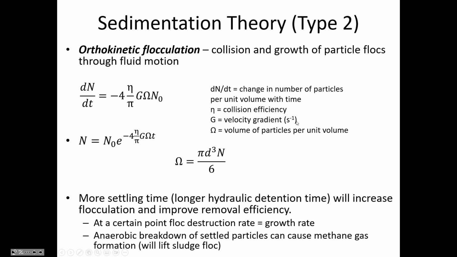So you can't go down to zero velocity gradient. So this first bullet point is just saying that there is a limit of removal efficiency, in part because as the particles get larger, they're more likely to break.